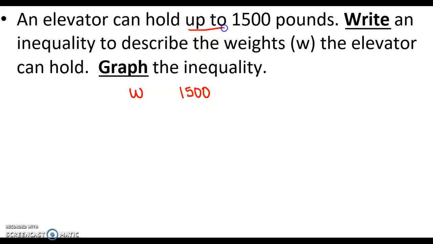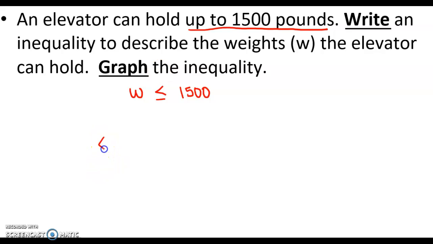It can only be up to 1,500 pounds. Does that mean it can be greater than or less than? Hopefully you're saying less than if you want to live on this elevator ride. And it can also be equal to. If we have exactly 1,500 pounds, this elevator should be okay. Okay, so the weight has to be less than or equal to 1,500.